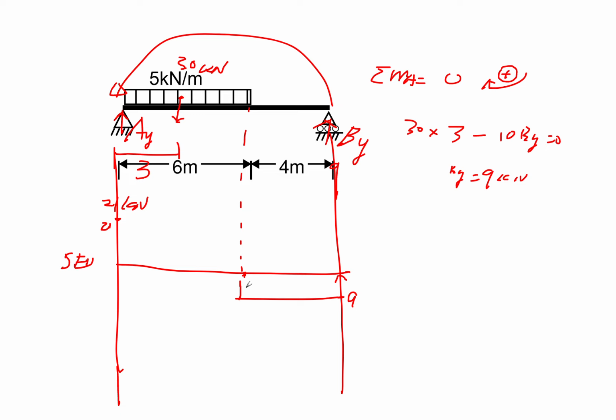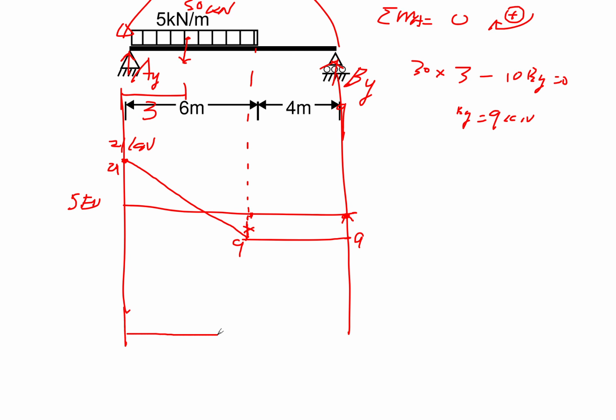Oh no, sorry, you don't need it coming up, but it should be a dashed line. Connecting these 2 points, that is my shear force diagram: 21 here, coming down to 9, straight line at 9, coming up to 0. That's my shear force diagram.